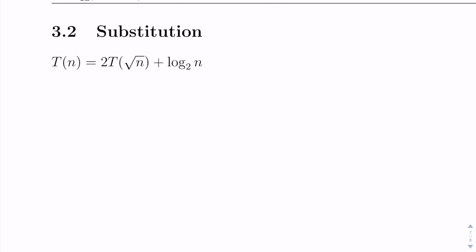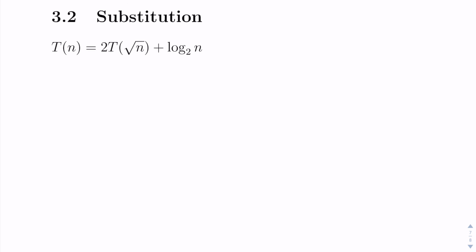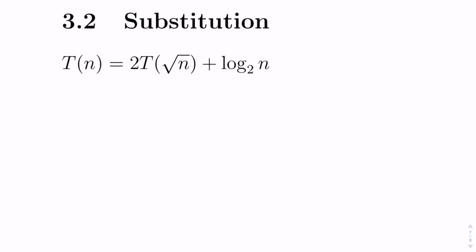Substitution is tricky because you have to figure out what you want to substitute. But here, the problem with this recurrence is this square root here, right? The square root is making it so that it doesn't match the master method form. So we're trying to get rid of that square root. One thing we can do is substitute n for 2 to the m.